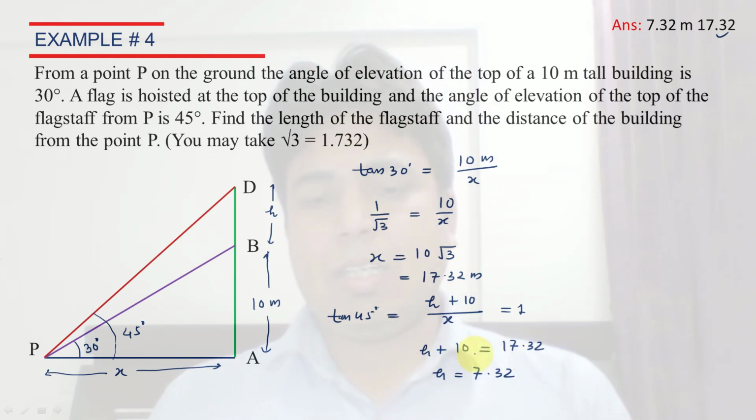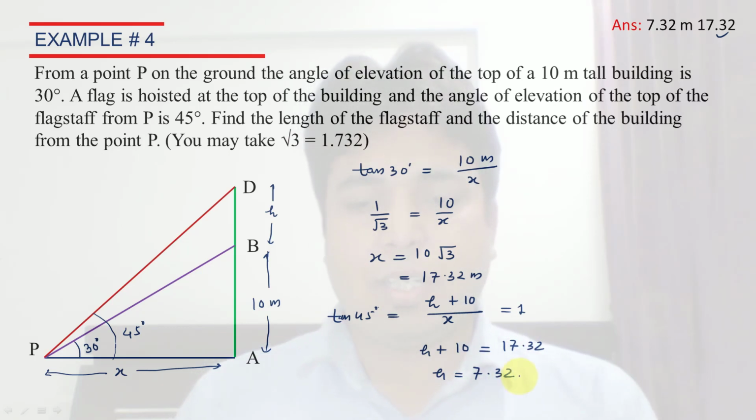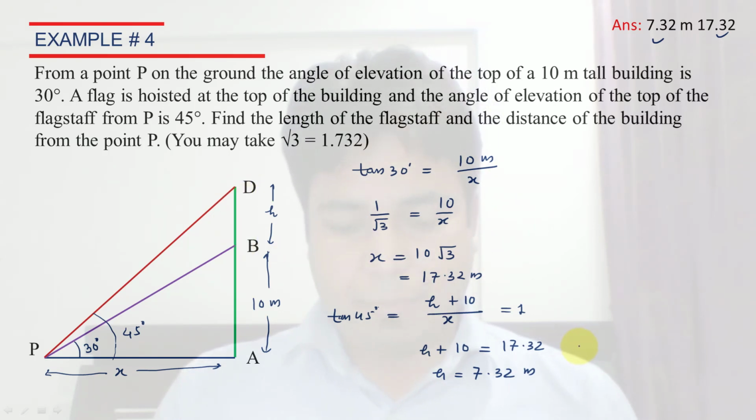If you subtract 10 from this, you will get 7.32 meter. 7.32 meter is the length of the flagstaff.